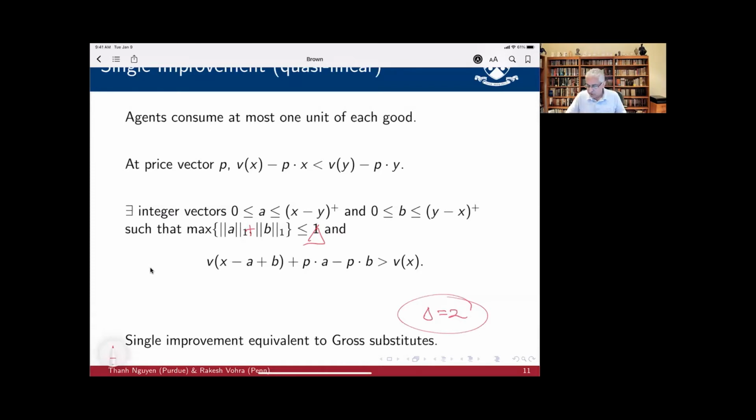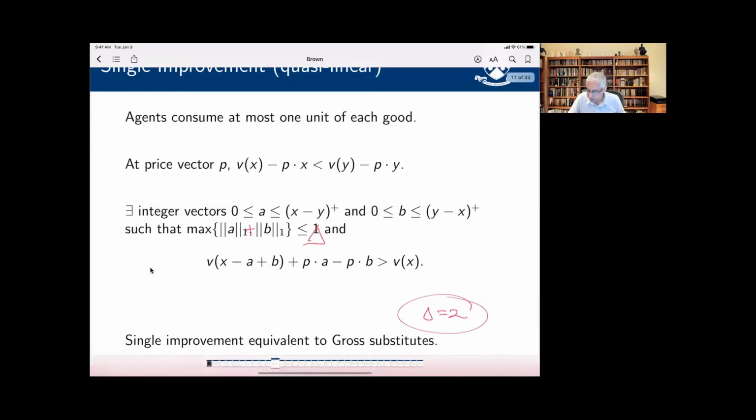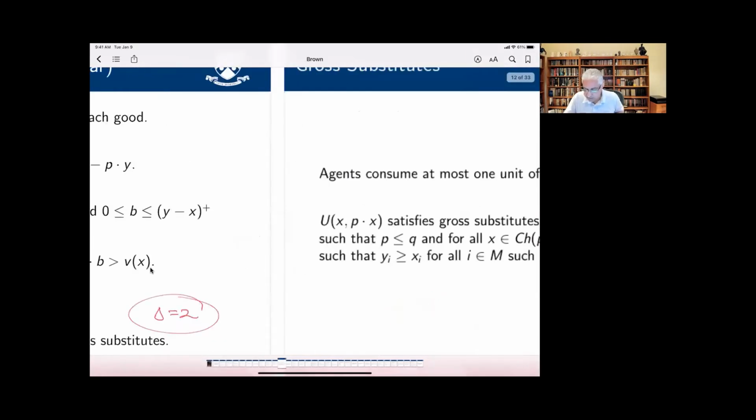Did I answer your question, Naomi? Now, gross substitutes actually imposes an additional condition beyond this cardinality condition. So it's not simply a matter of delta being 2 that gives you existence of competitive equilibria. There's an additional condition in gross substitutes, which I will mention in a moment.